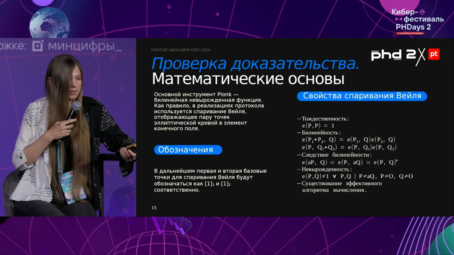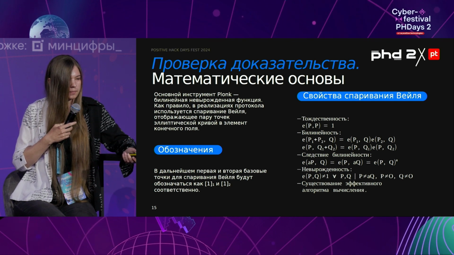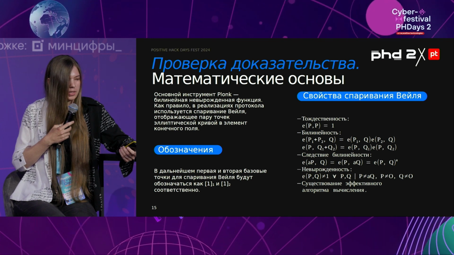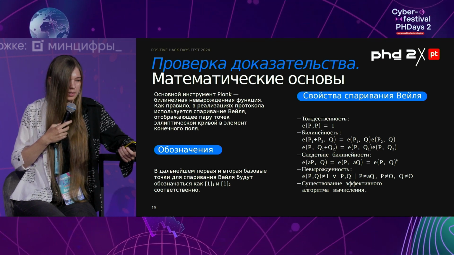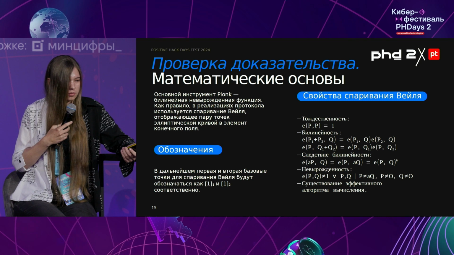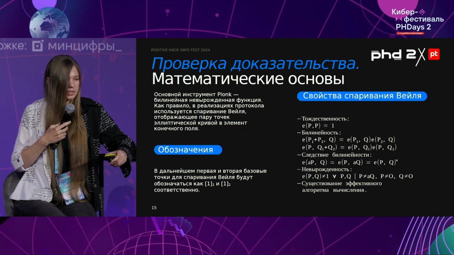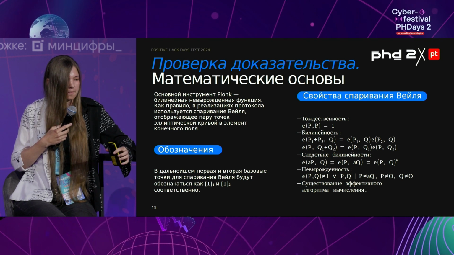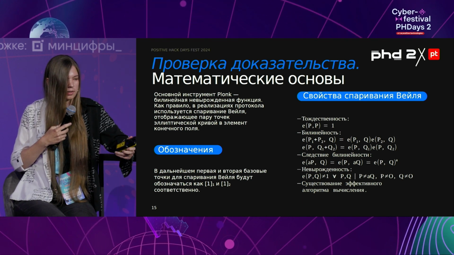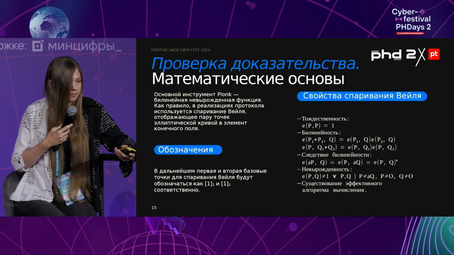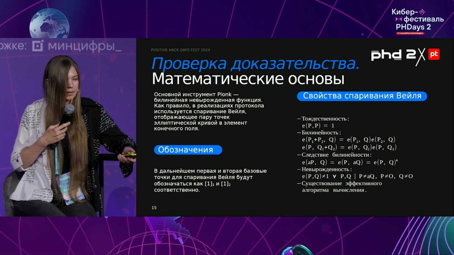And a little about how the proof is checked. How do we check this proof? It is checked with a bilinear function. For this we use the Weil pairing, which maps a pair of elliptic curve points to an element of the field.